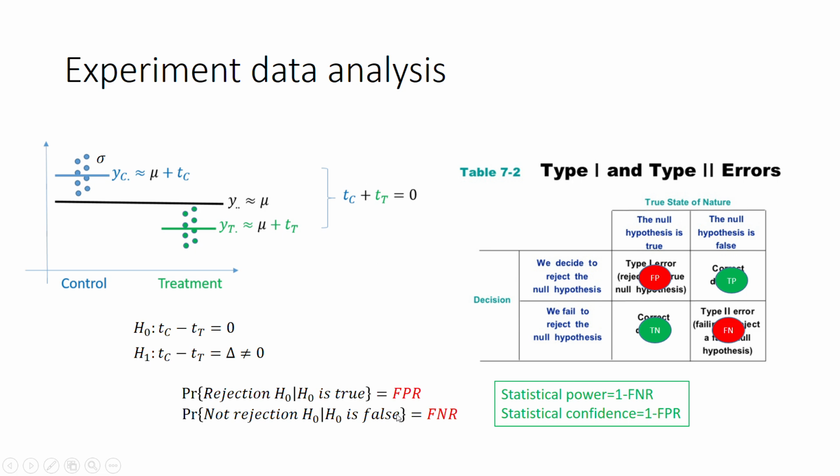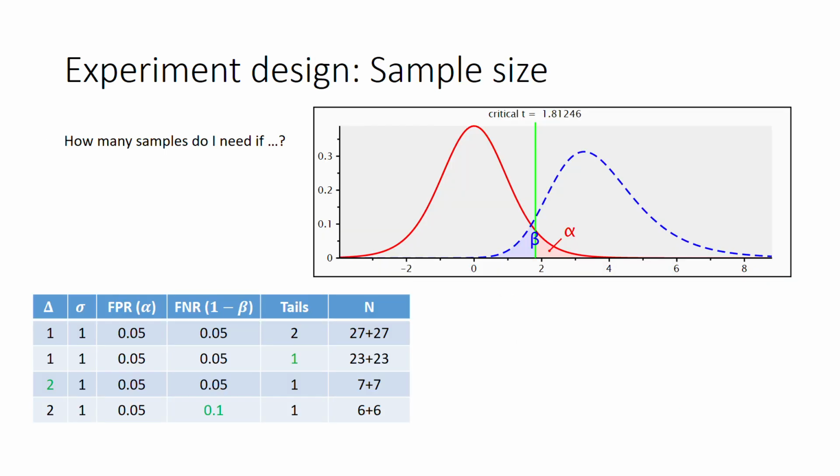Okay, so this is what you will do when you perform your experiment. But how can you prepare for that? You can prepare for that by calculating the sample size.